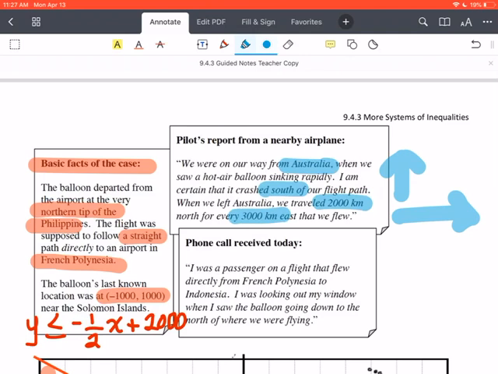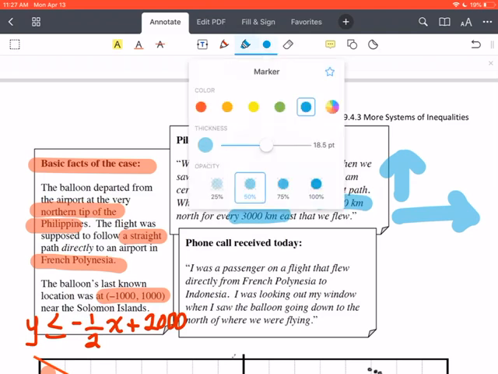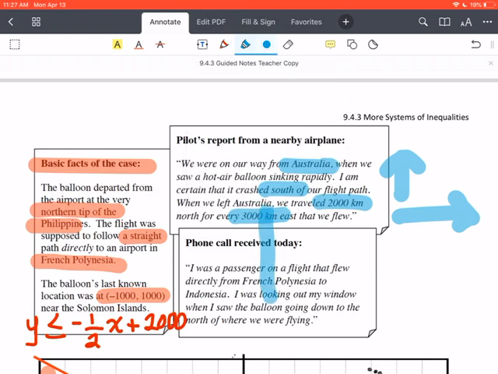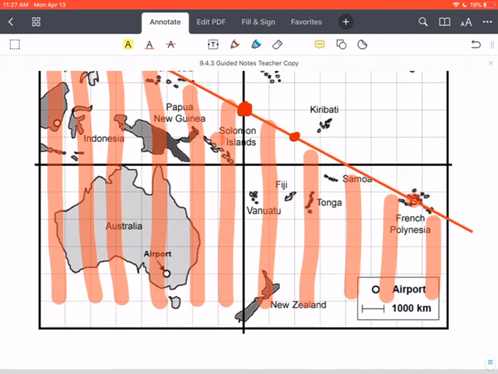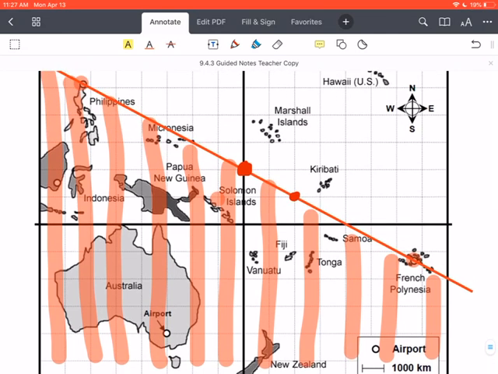So let's try to graph this on the map. It says that they started in Australia. They have to go from the airport. This is an airplane. And that airplane was traveling 2,000 kilometers north, so we have to go 2 boxes up and 3,000 kilometers east, so 3 boxes over.